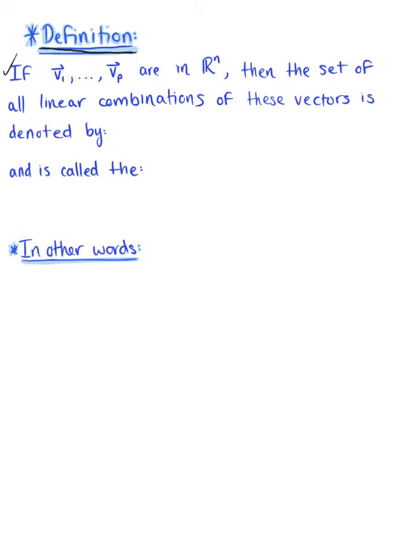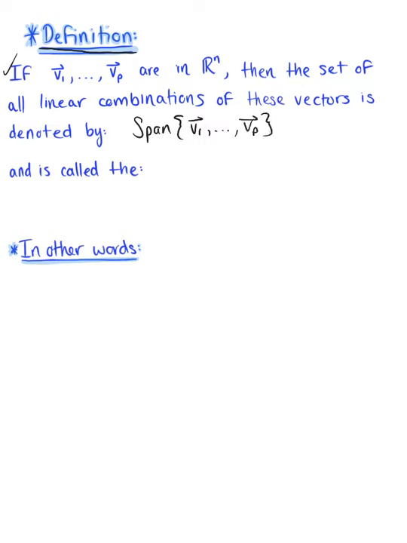So if vectors v sub 1 through v sub p are in Rn, then the set of all linear combinations of these vectors is denoted by the span of vectors v sub 1 all the way to v sub p.